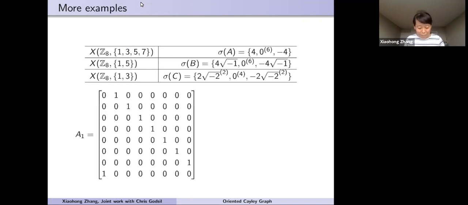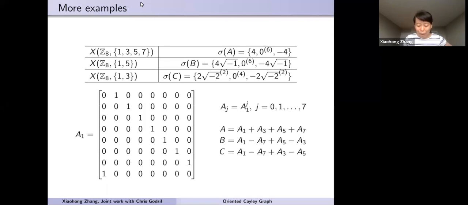Before going further, let's look into the matrices, the adjacency matrices of those graphs. Let A be this permutation matrix. It's just the one corresponding to the cycle. It maps i to i plus 1 in Z8.